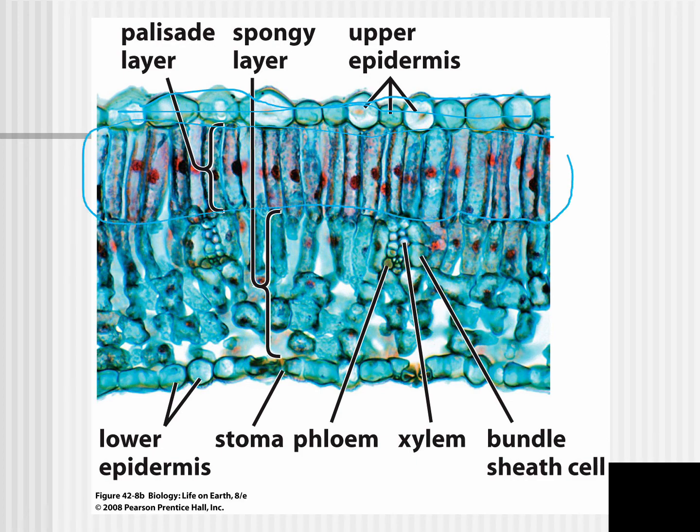Those are called your palisade mesophyll. All of these spongy ones down here are your spongy mesophyll. Then you can see a vascular bundle here and here. The lower layer is the lower epidermis with a layer of wax or cuticle.